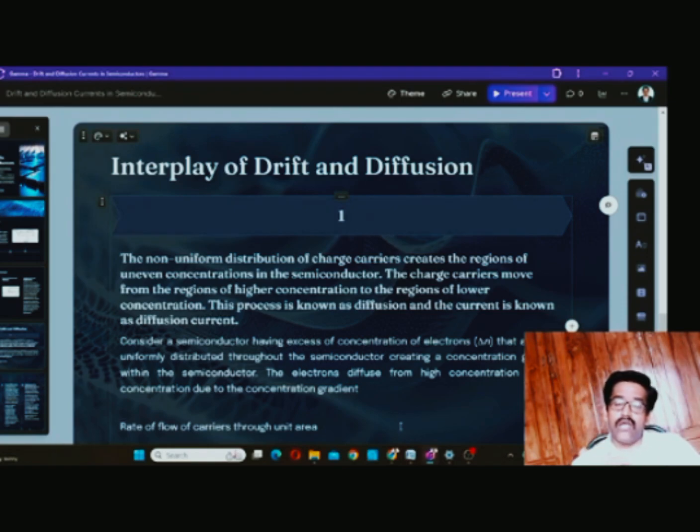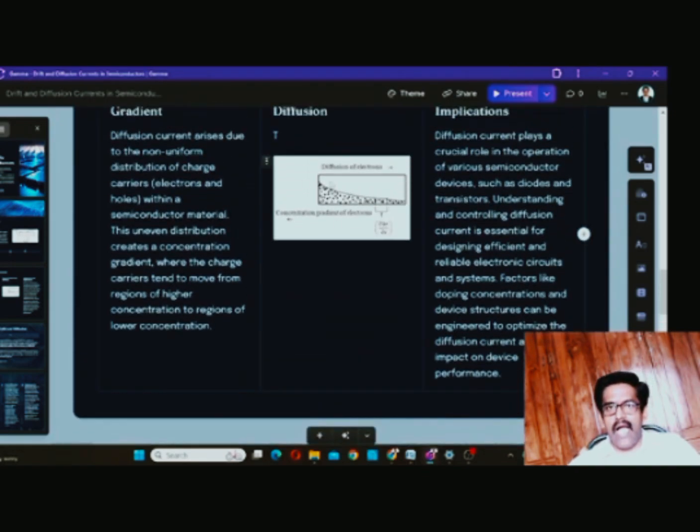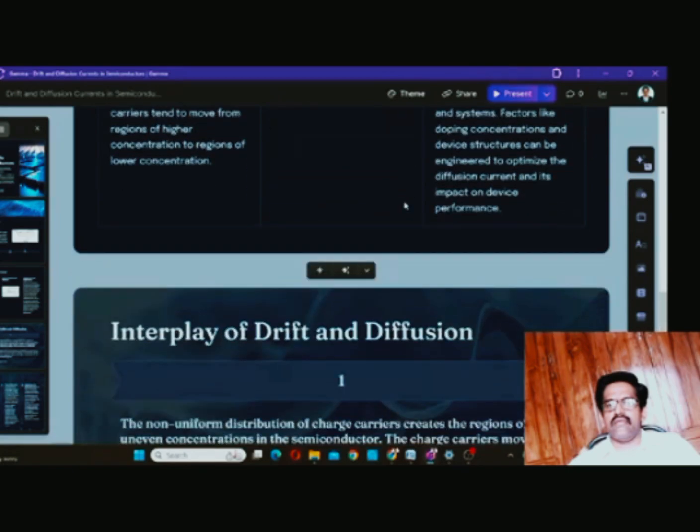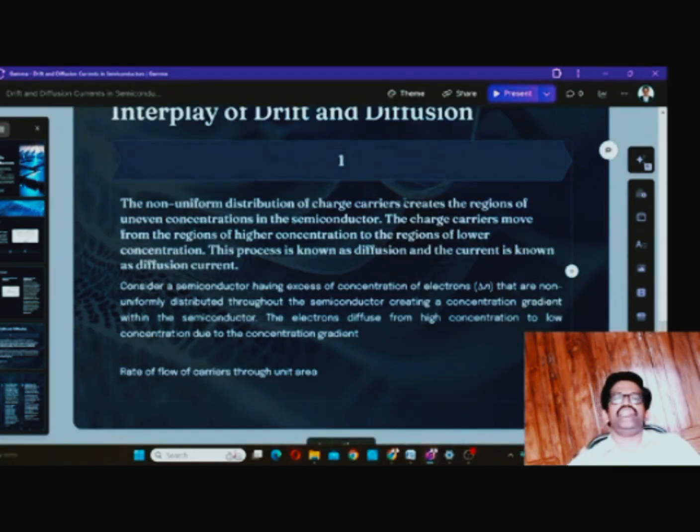Similarly, the electrons also flow from a high concentration region to a low concentration region in non-uniform conditions. In a non-uniform distribution of charge carriers, the charge carriers move from high concentration to low concentration.